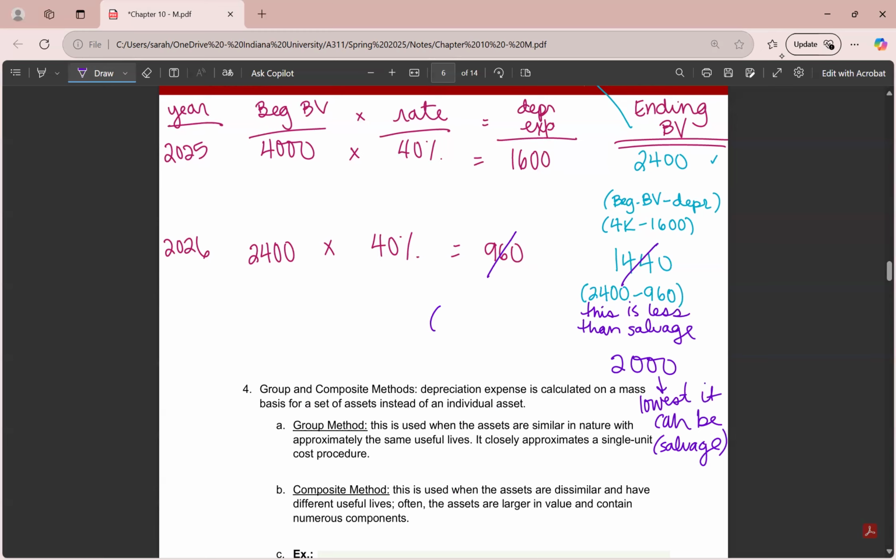Our depreciation is that 2,400 beginning minus depreciation is equal to 2,000. So the depreciation can only be 400 for that year. And at this point, we have fully depreciated our asset, and there's nothing to depreciate later on. In 2027, there is $0 of depreciation.